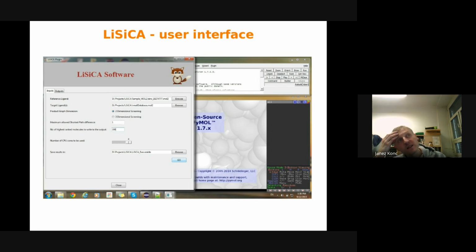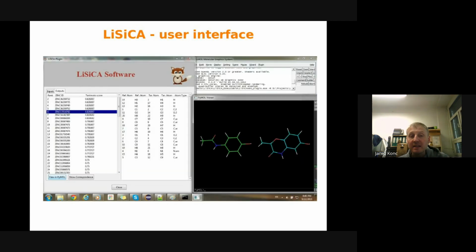Although the Windows version may not be updated very often because we mainly work in Linux, Lisica software also has a nice user interface inside the Pinewall molecule visualization program. You can use this Lisica user interface to graphically define your molecules and your database, and you can see the result of your calculation within a nice three-dimensional molecular viewer.